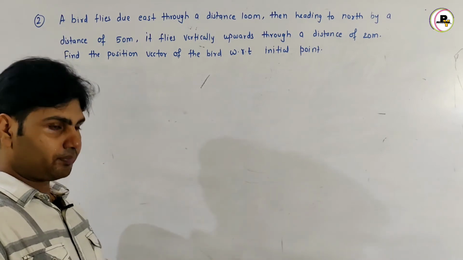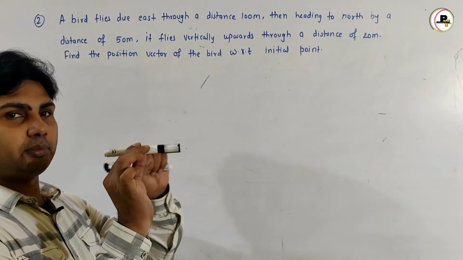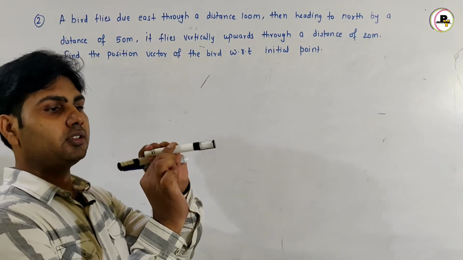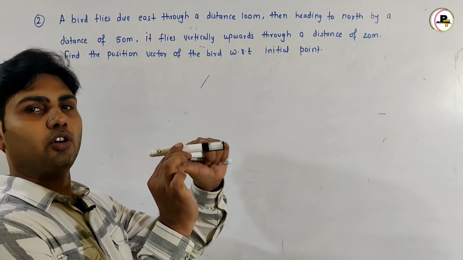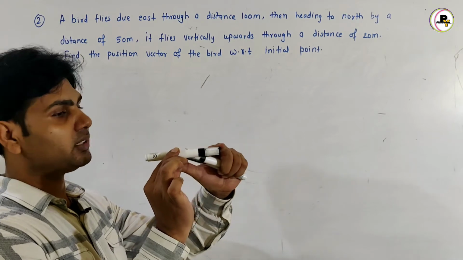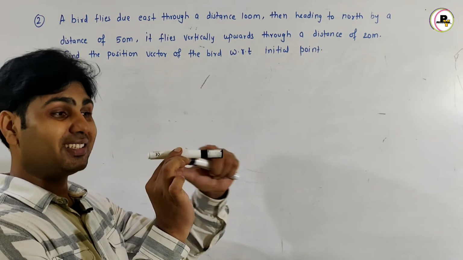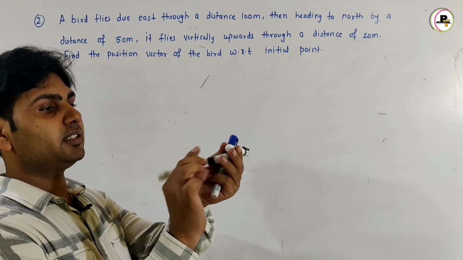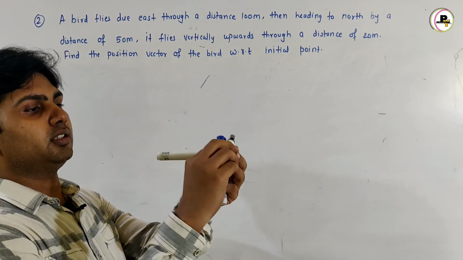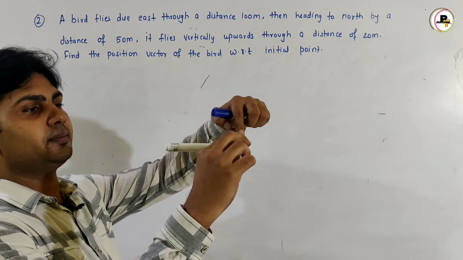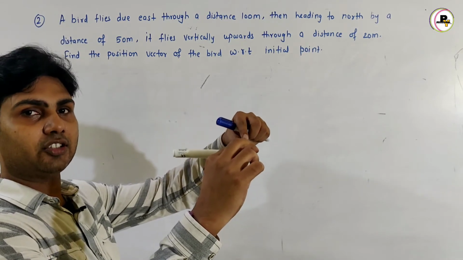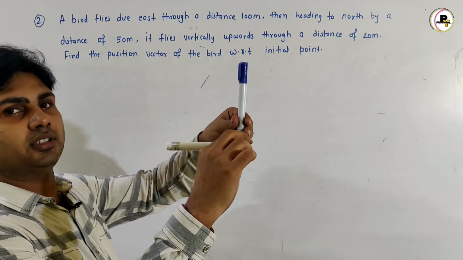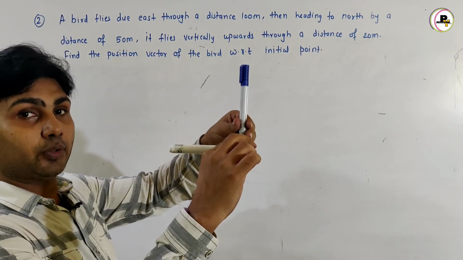So suppose the east direction is represented by positive x-axis. Suppose the bird flies through a distance of 100 meter towards east, and then it flies in the direction of north. So north direction is over here, and it travels a distance of 50 meter, and then it flies vertically upwards through a distance of 20 meter.